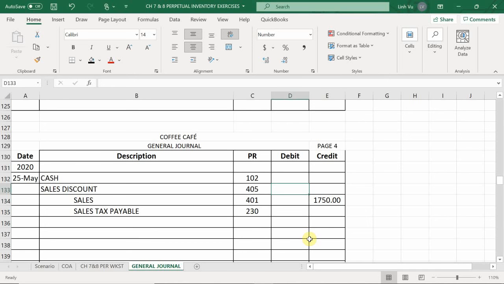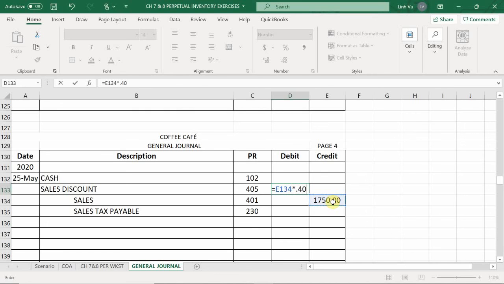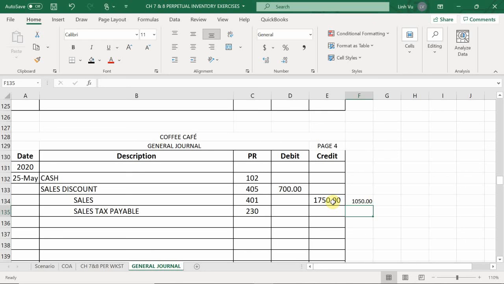Now, if this was a discount, 40% off of the total sales, how much is my discount? $700. So if I sold a total of $1,750, but I end up discounting $700, that leaves me $1,050.